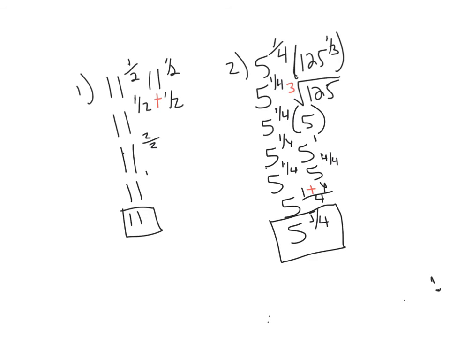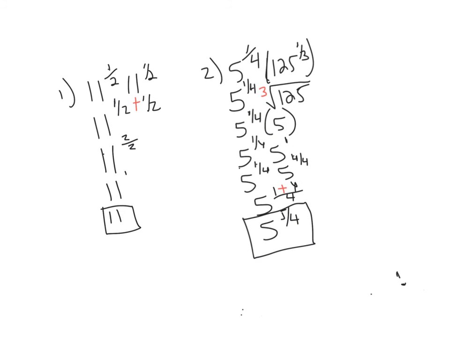Let's try another one. What if we have square root 7 times the cube root 7? We got a square root and a cube root. I'm kind of stuck, and 7's prime, right? We can't take the square root. We can't take the cube root. So let's try to rewrite it as a fraction.